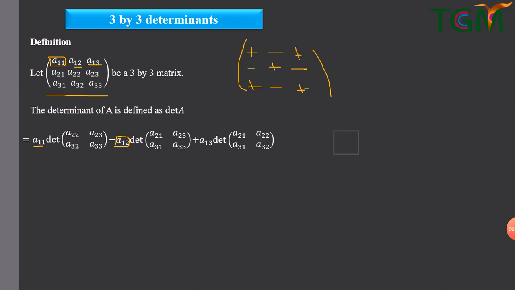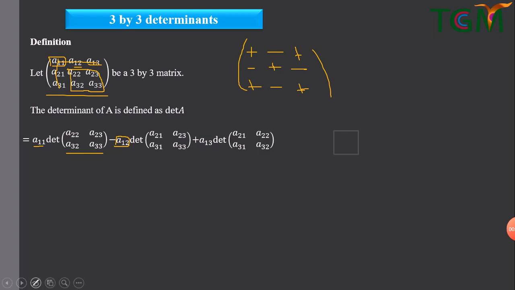So if we decide to get A11, the matrix here is obtained by deleting the row and column where this entry lies.